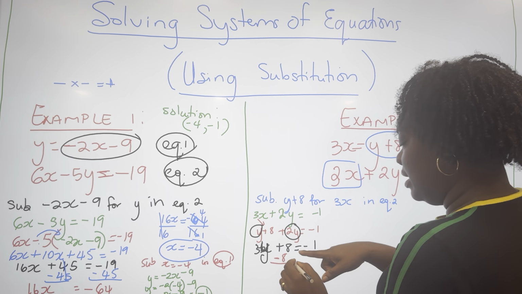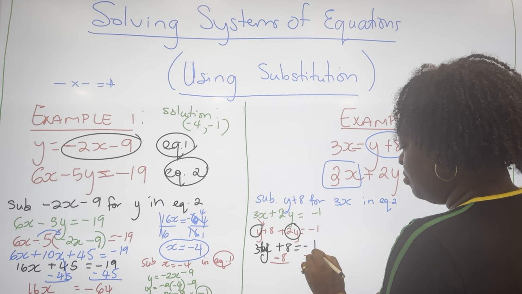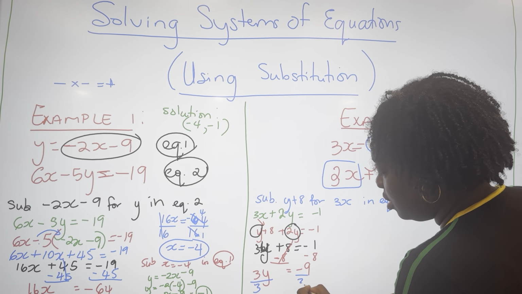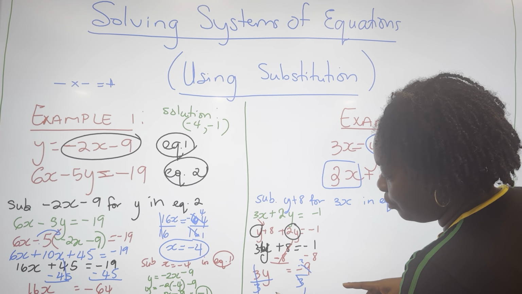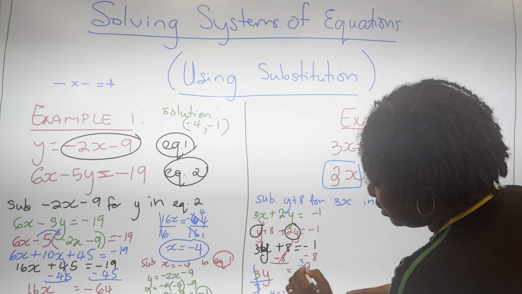So I'm doing minus 8, and I'm doing it on both sides. So that's canceled out. That's now left with 3y over this side, and this is negative 9 over this side. I'm going to go ahead and divide through by 3. So 3 into itself 1, 3 into 9, 3. So I'm left with y is equal to negative 3.